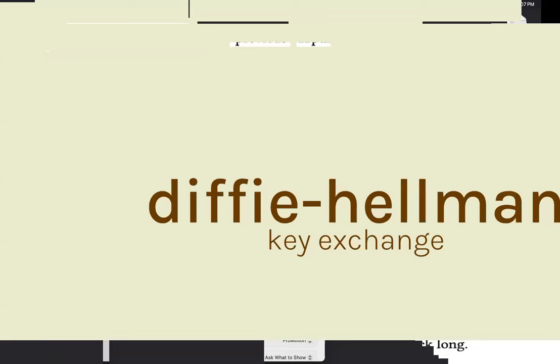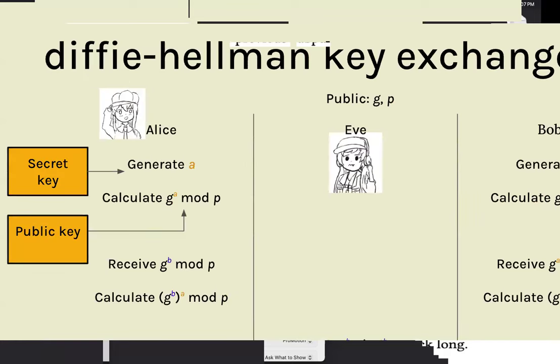Yeah, so the next part will be Diffie-Hellman then. So what is a Diffie-Hellman key exchange? Well, the goal of the Diffie-Hellman key exchange is that we want to be able to derive this shared symmetric key without giving stuff that Eve can use to derive the key by herself. So Alice will generate her own secret key A, calculate G to the A mod P, and share it with Bob.